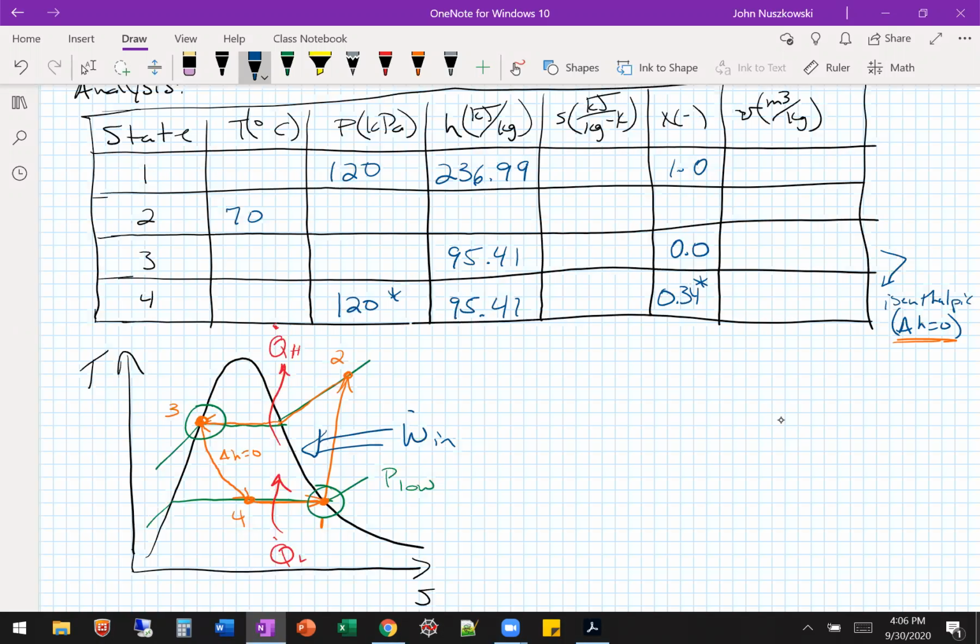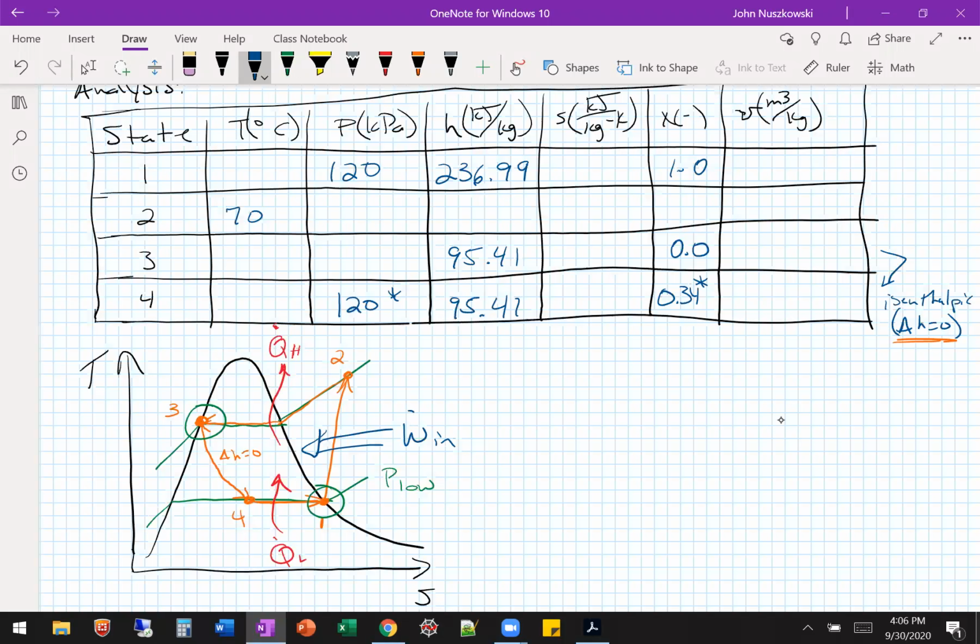We know the work in. Maybe we could use, what's it called? I'm not sure. I was thinking maybe use an efficiency, but we don't have that ratio. Yeah, we don't have the isentropic efficiency of the compressor.